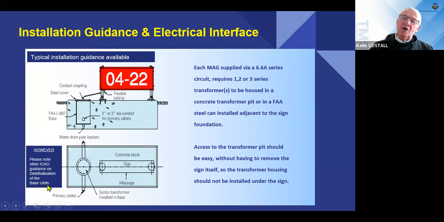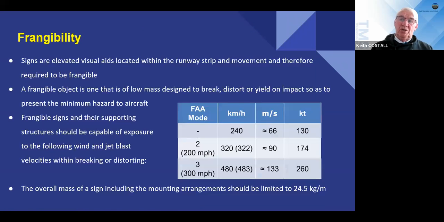But when we take due consideration of this base unit, please take note of other ICAO guidance about delethalization of the base unit itself. We've already said that it has to be chamfered, and that chamfer guidance is given to us. We also have to consider frangibility when we're designing a guidance sign, whether we are in the ICAO world or the FAA world.